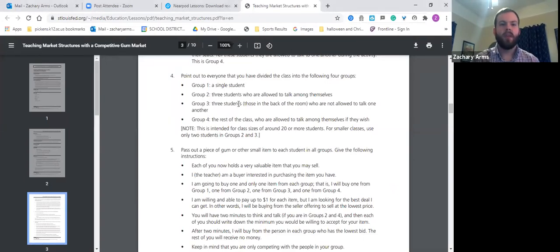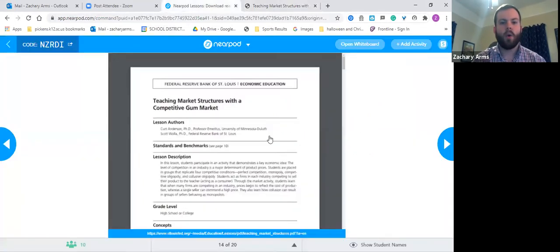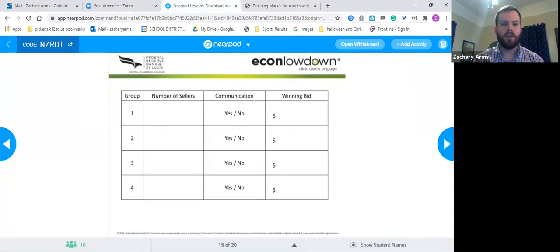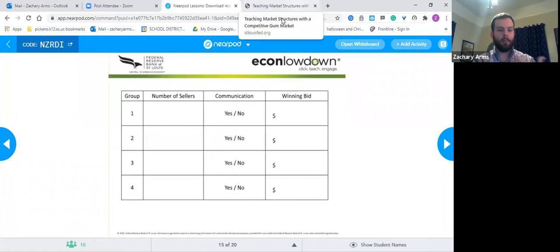If you go back to the Nearpod, it has some corresponding slides that you can use. And this is where, I don't know how your boards work if you have a smart board. Thankfully, we have a whiteboard that it projects onto, so I can start writing this up. If you have Active Inspire or a smart pen, this would be a cool way to collaborate.